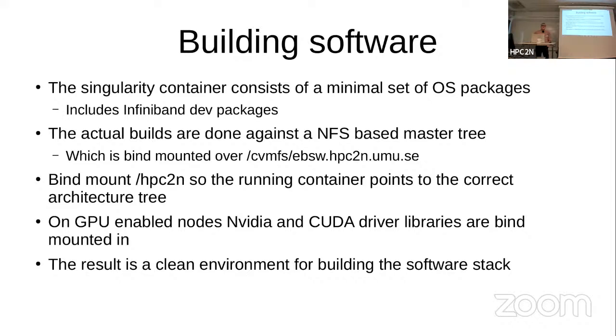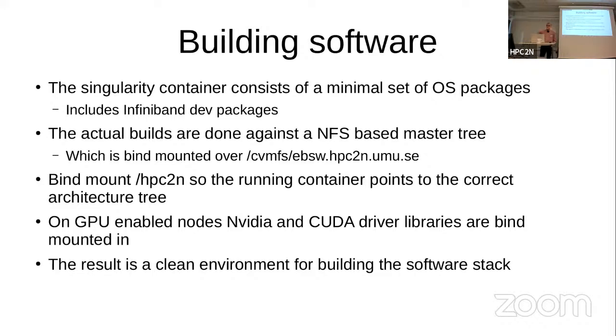The containers we use are as minimal as we can make them. My own containers do not include Perl, just to make things more interesting. Our production containers do include Perl because it's just so bloody annoying to forget it all the time. We have an NFS tree where the actual builds are done.